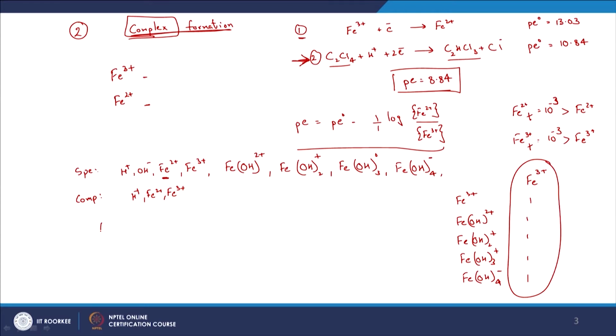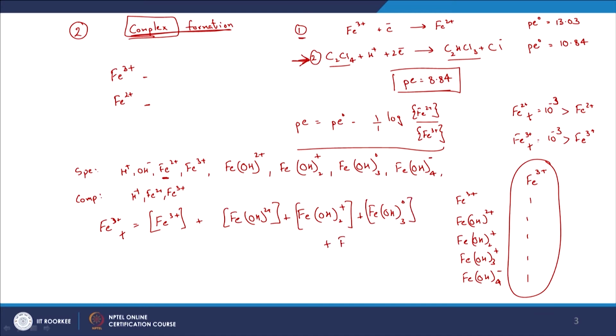So if I do the component balance, what is that going to be equal to? Fe3+ total is going to be equal to the concentration of Fe3+, plus the concentration of FeOH2+, which is obviously from this particular tableau and the relevant component balance, plus Fe(OH)2+, plus Fe(OH)3 neutral charge, plus Fe(OH)4 negative charge.